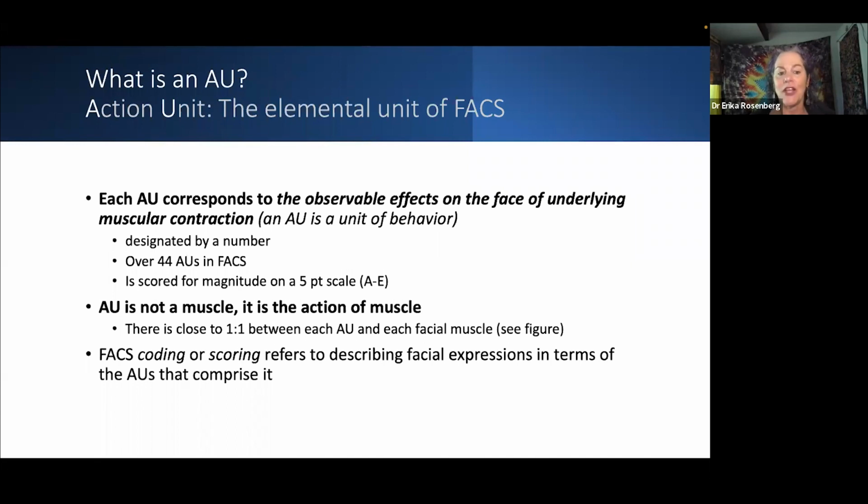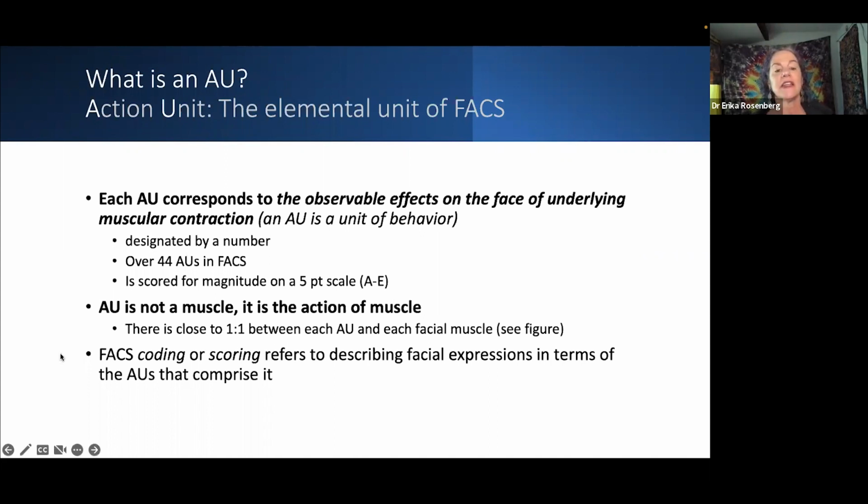It can create a prominence here, which can deepen my infraorbital furrow, stretches out the lips, etc. There are a number of things that happen with action unit 12. So an AU is not a muscle, it is the action of a muscle or the observed action of a muscle. There is pretty close to a one-to-one relationship between each AU and each facial muscle, but it's not exact. I'll show you some exceptions in a moment.